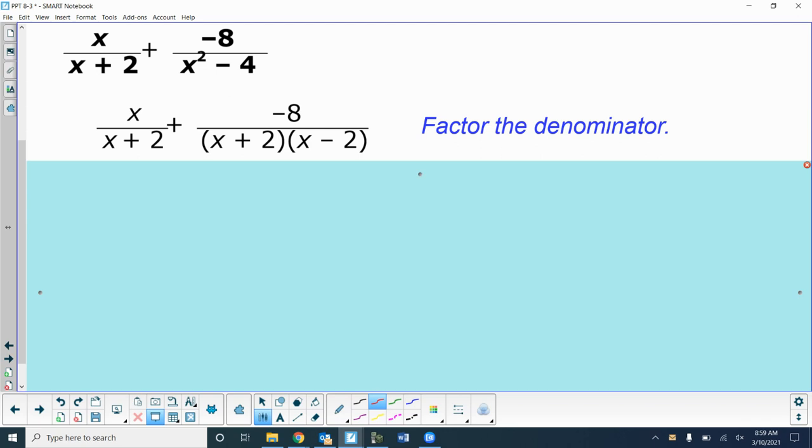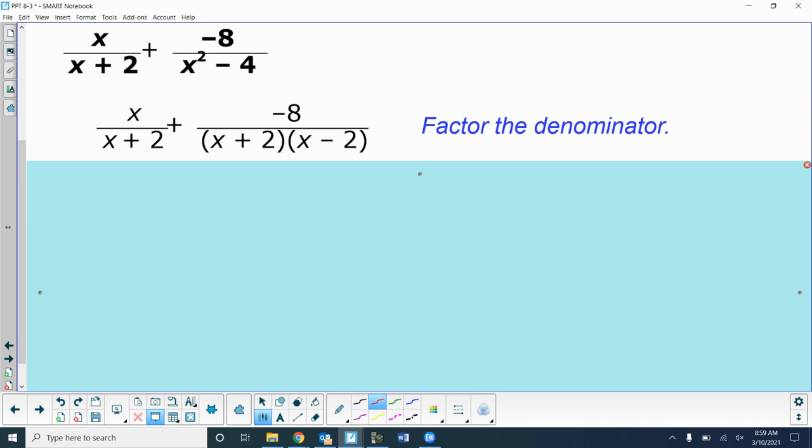X plus 2. Right. X plus 2 showed up and x minus 2 showed up. So we write them both down for the common denominator. Remember, if it shows up in either denominator, you write it down. If it shows up more than once, like the x plus 2 did, do you have to write it down more than once? No. So that's my common denominator.